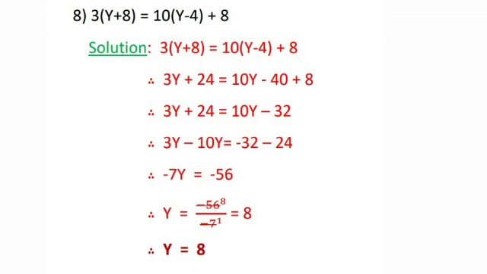So 32 plus 24 is 56. Sign of a bigger number is minus. So minus 56. Therefore minus 7y is equal to minus 56. Therefore y is equal to minus 56 upon minus 7. Minus minus gets cancelled. So after cancellation you get the value of y as 8. Therefore y is equal to 8.